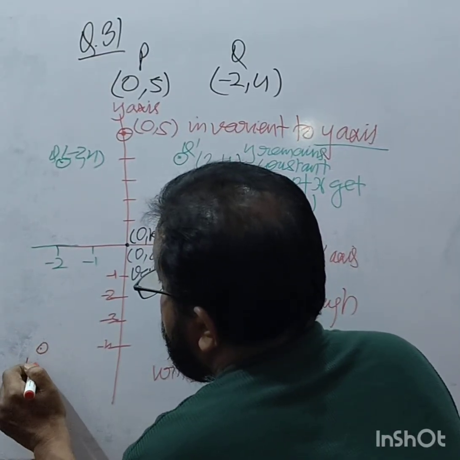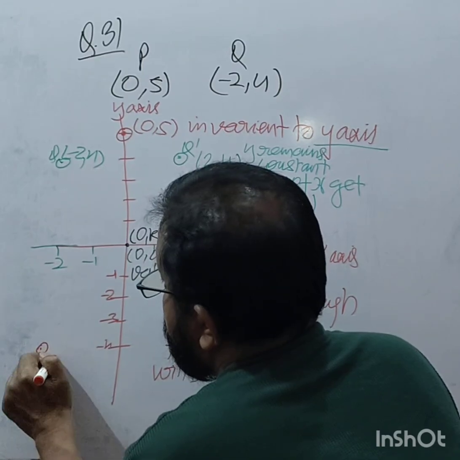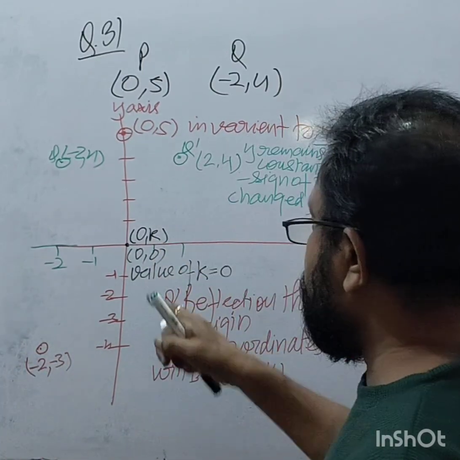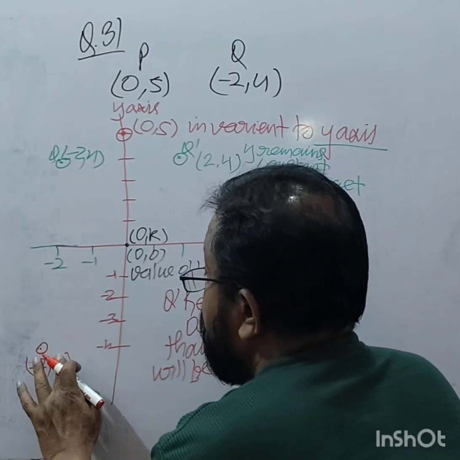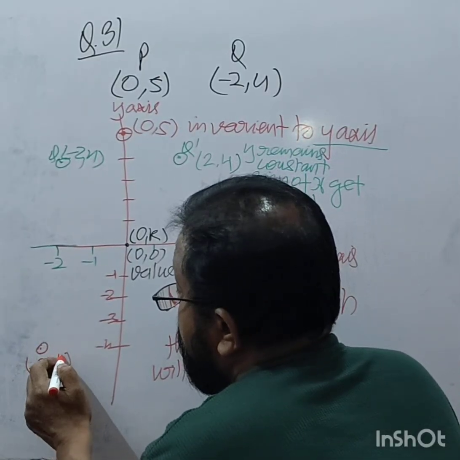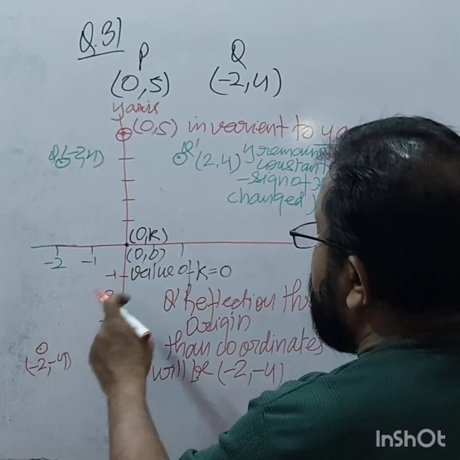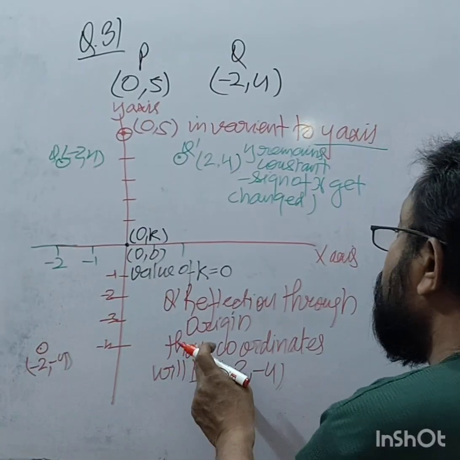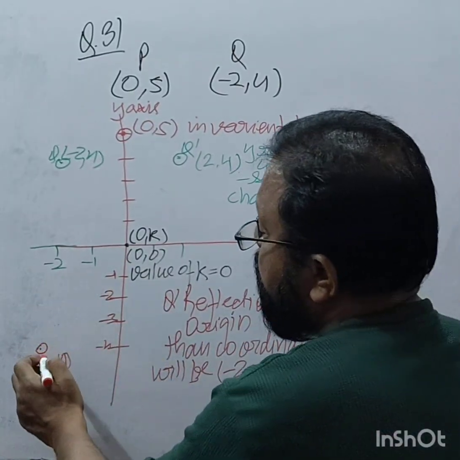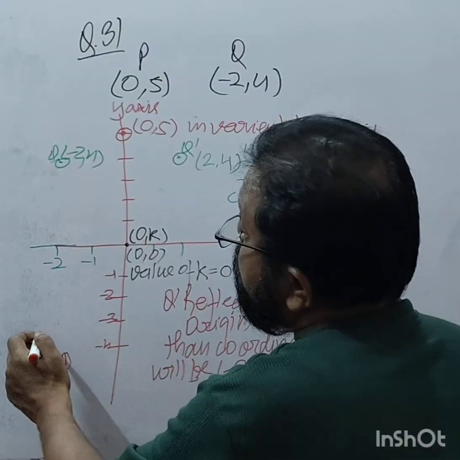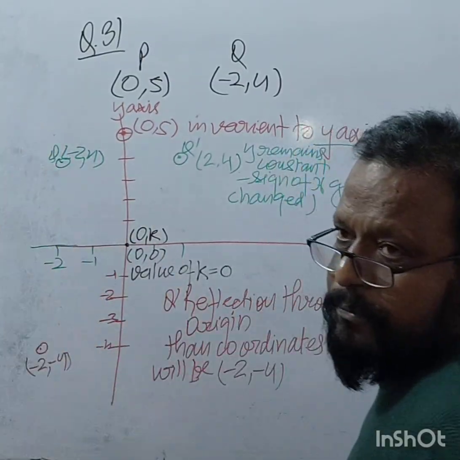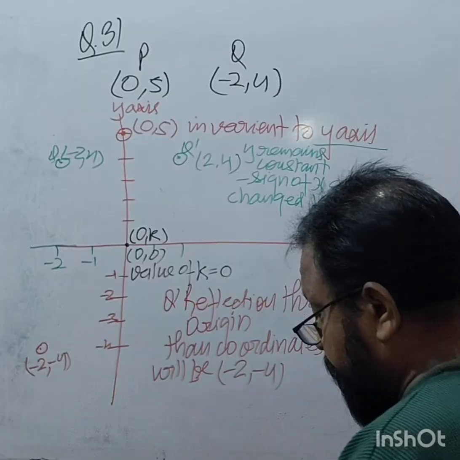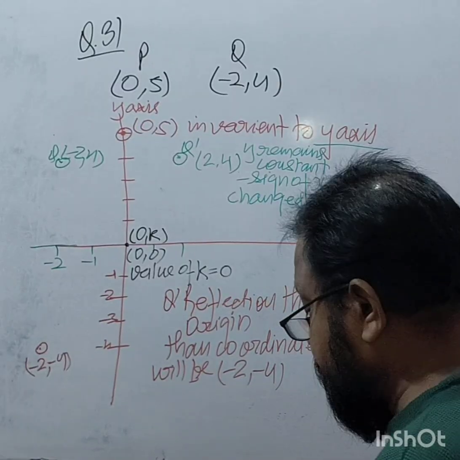This is minus 2, minus 4. This is through the origin, reflection through the origin. And when it goes through the x-axis, so x, minus 2, remains the same.